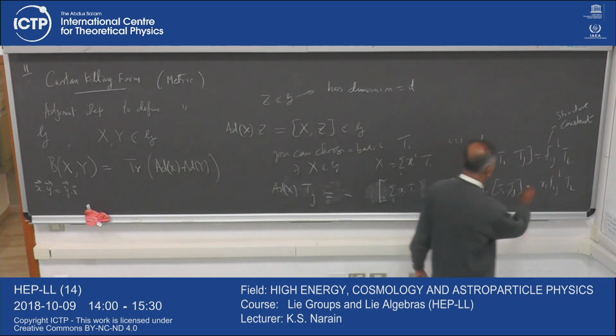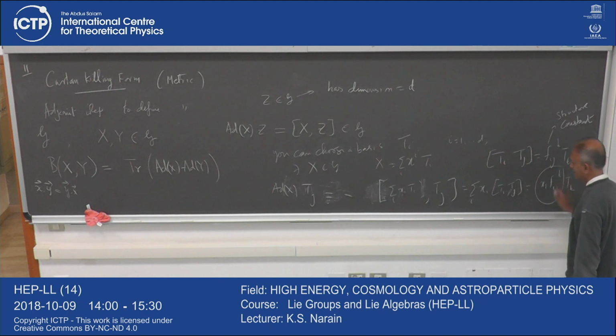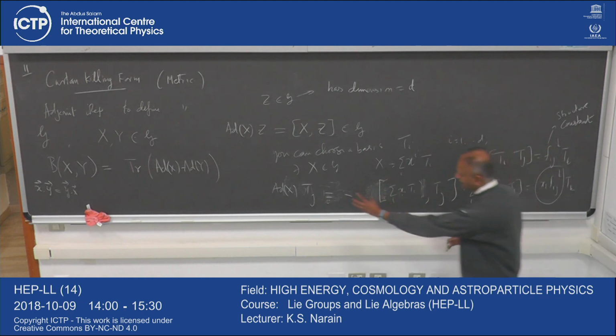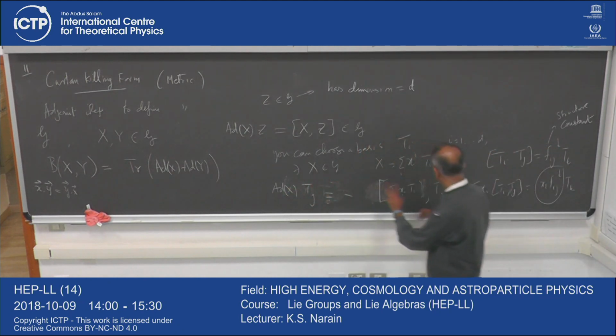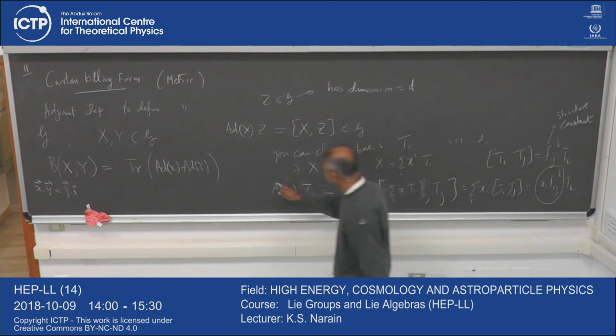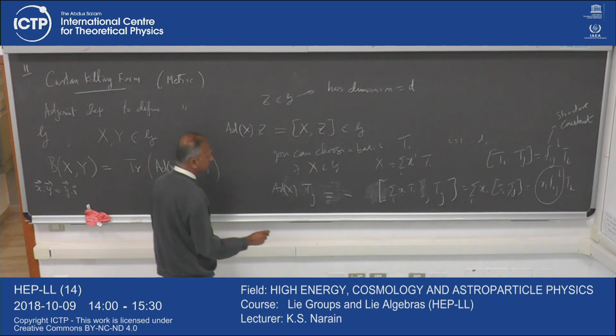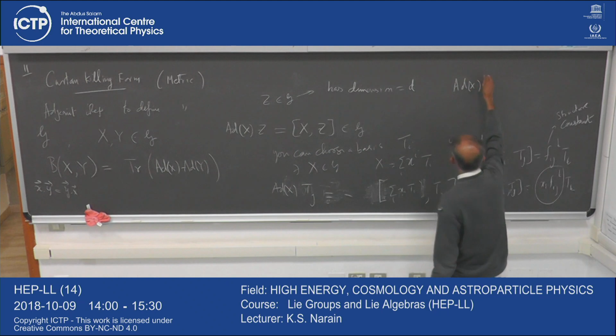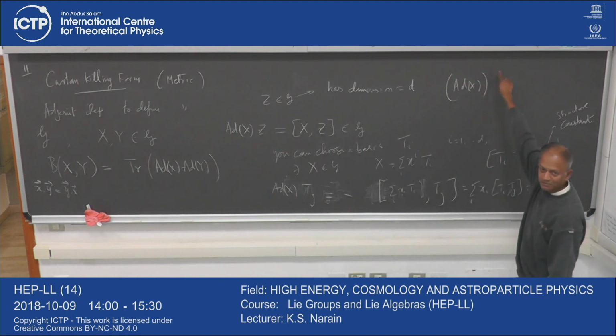So you see, ad X is nothing else but Xi, f, i, j, k. What has it done? This operator has taken Tj and converted it into some linear combination of Tk. If I think of this as a matrix, then in the matrix language I should write ad X and specify its column and row.